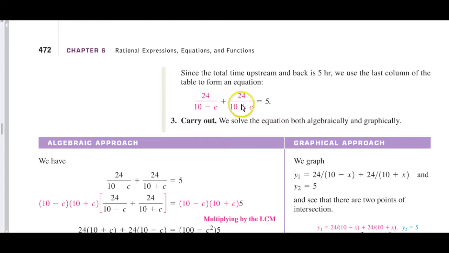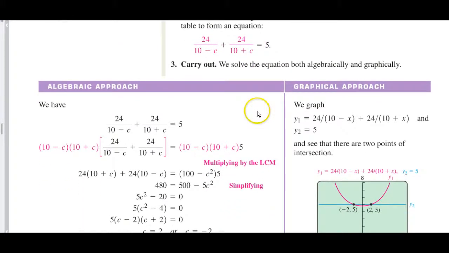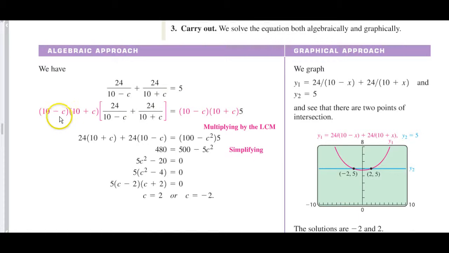But here's our basic equation then. Multiplying each term by the common denominator, as we said. We then get this. Now I would transpose the negative to the other side, bring this to the other side, factor out the 5.